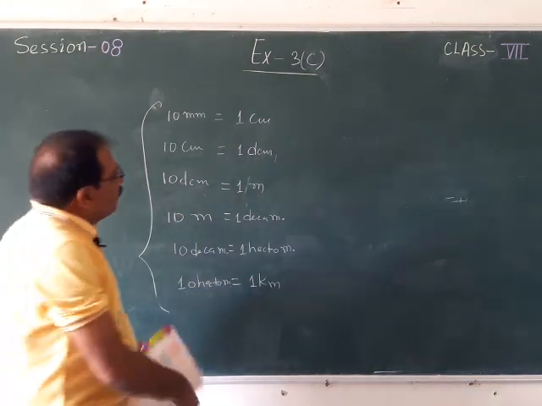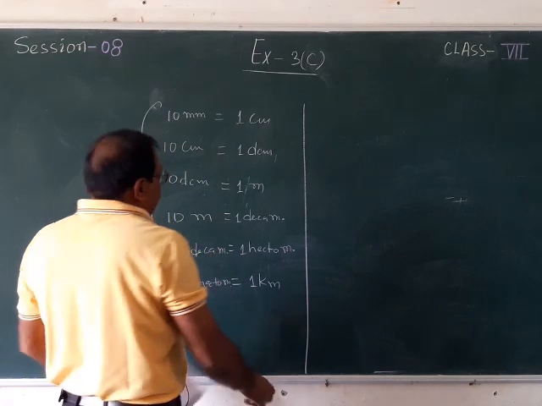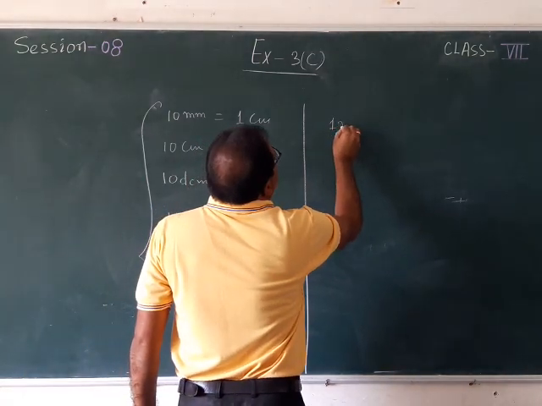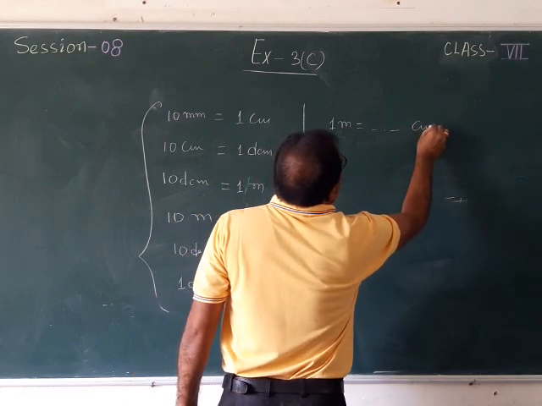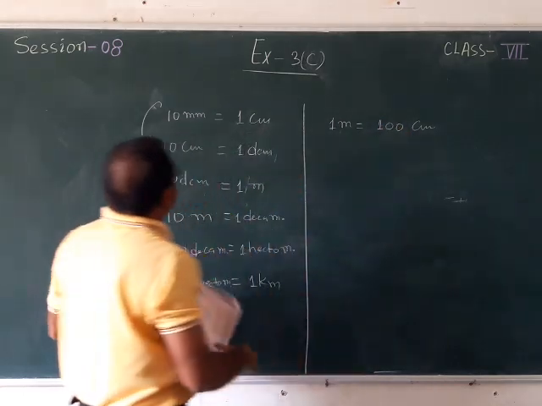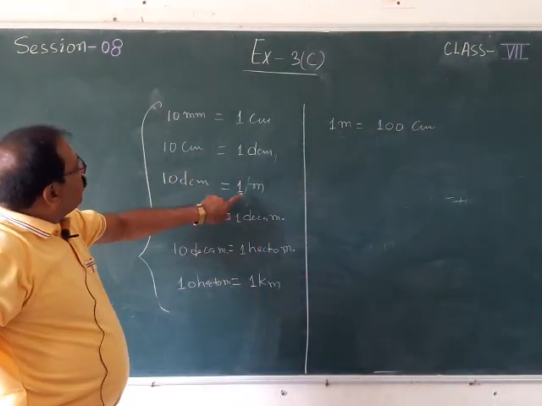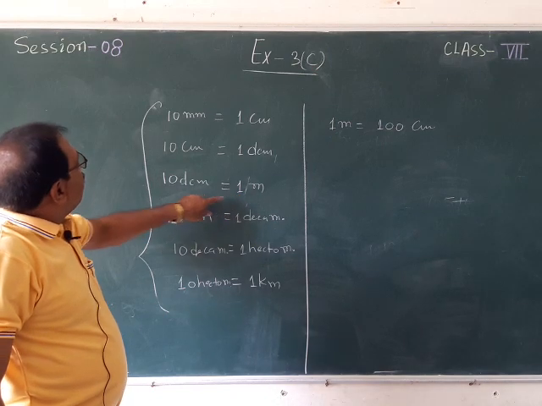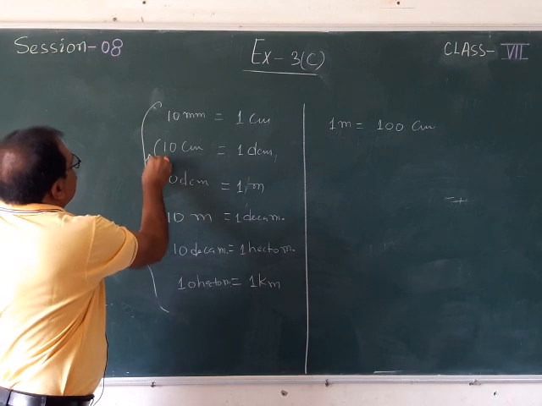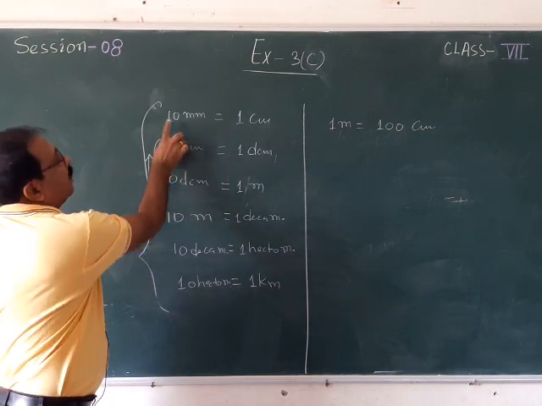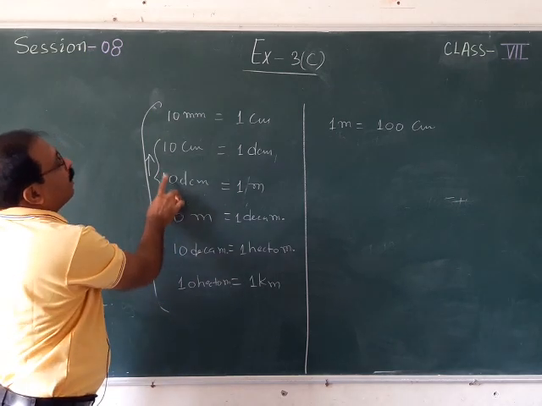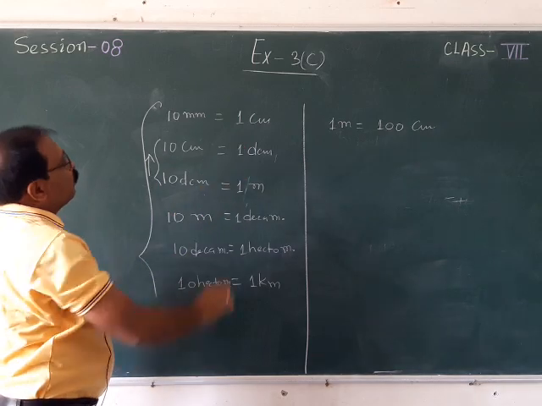By taking this relation, you can establish some more relations. How? Suppose I am asking you 1 meter equal to how many centimeter? You know that it is 100 centimeter, but how is it coming? 1 meter, I will be at meter, then I am going to centimeter, and here you are going 2 tenths upwards. If you are going 2 tens in the upward direction, that means 1 upon 00 will be there.